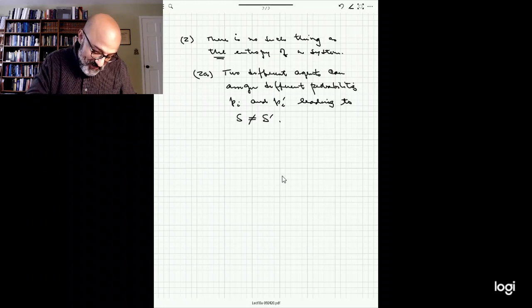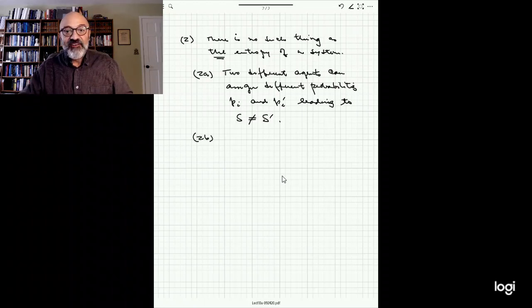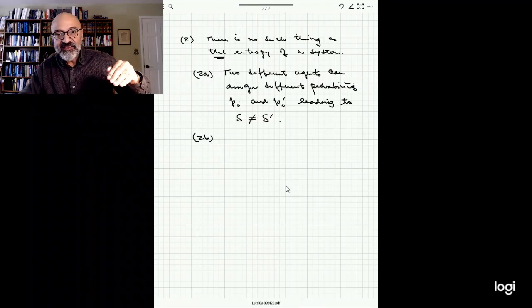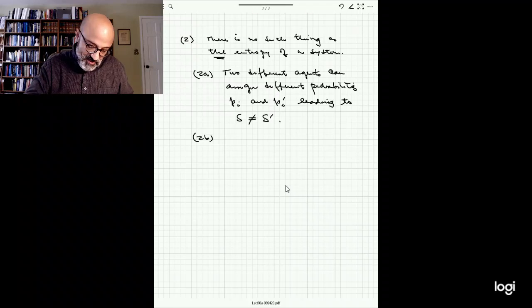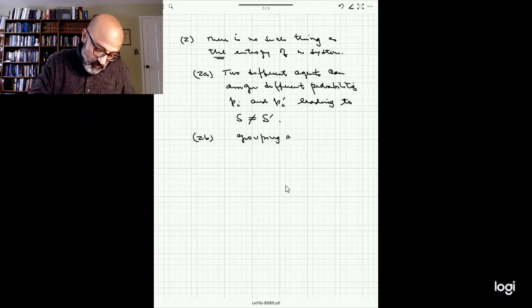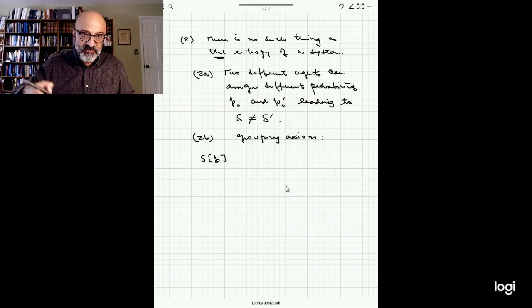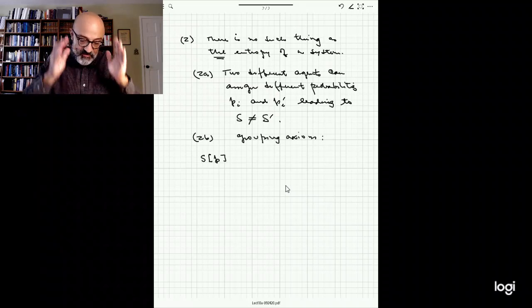Here's another way to realize that there is no such thing as the entropy of the system. Suppose that you look at the grouping axiom. Let's write it out again. The entropy, the amount of information that you have to get in order to nail one microstate, if that information comes in one installment, is S_P.